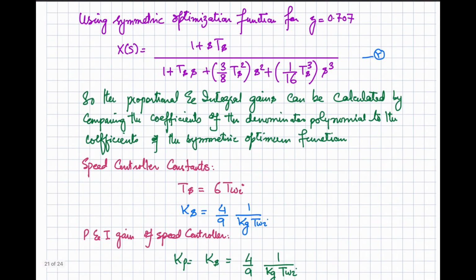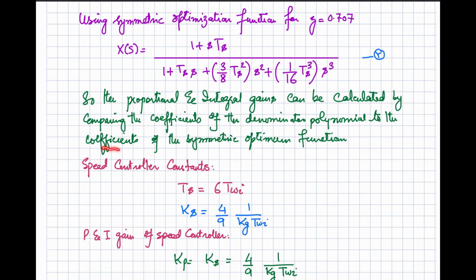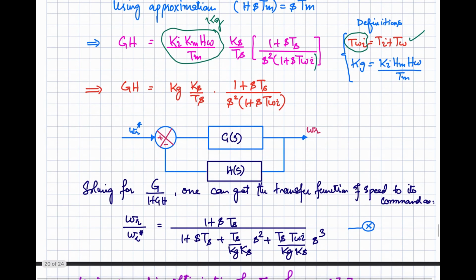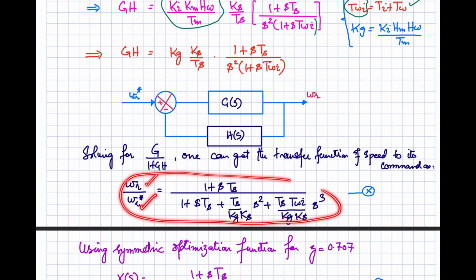gain of your controller. So the proportional and the integral gains can be calculated by comparing the coefficients of the denominator polynomial to the coefficients of the symmetric optimum function. This is our symmetric optimum function that gives us the controlled response equivalent to the 0.707 damping factor, and with that we are going to consider this equation, that is our actual equation relating our speed with its command.